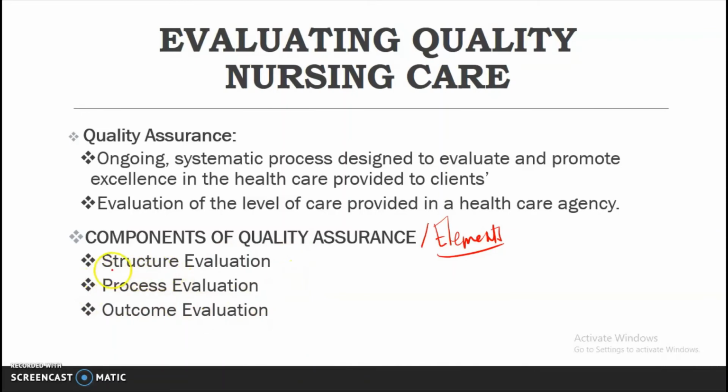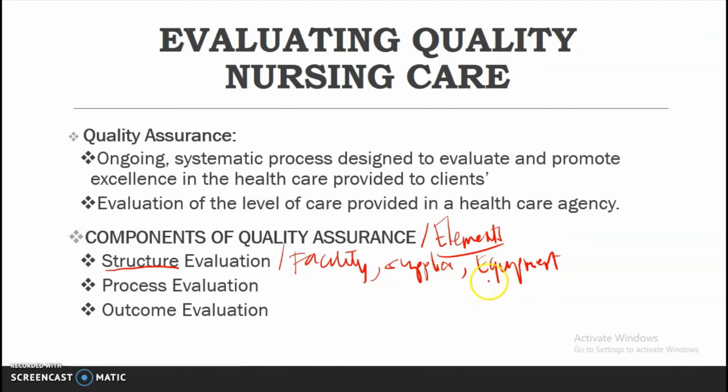Number one is structure. When we discuss structure, we are referring to the evaluation of the facility itself, its completeness in terms of its supplies and in terms of its equipment. So basically, if we are referring to structure evaluation, we are evaluating the actual facility itself, the institution, the supplies na meron, the logistics, and of course, the equipment that the facility has.